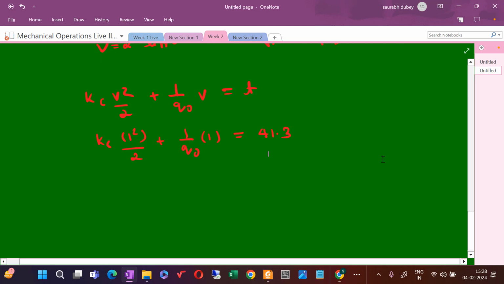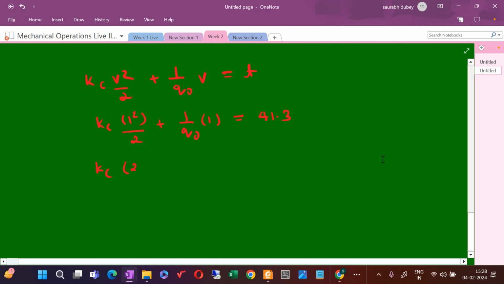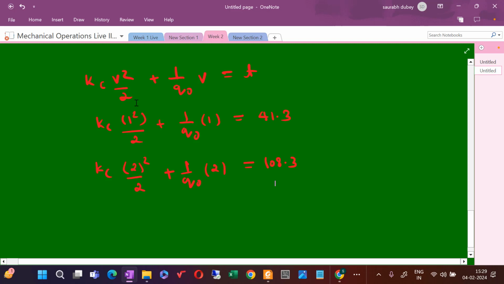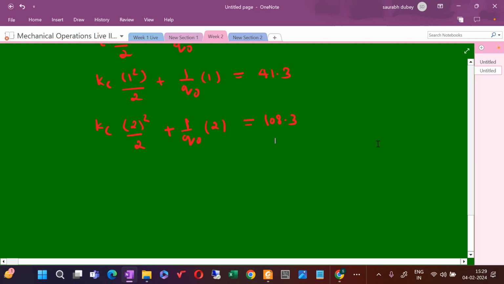And then another one is Kc 2 square by 2 plus 1 by q0 2 equals to 108.3. These both values were given. So from here you solve for the value of Kc and q0.